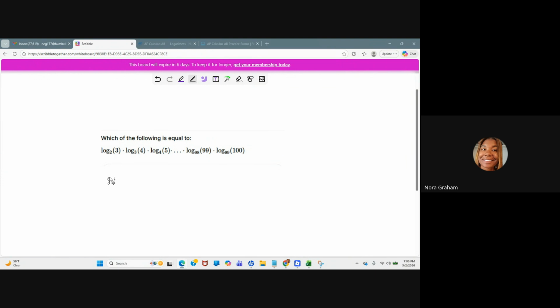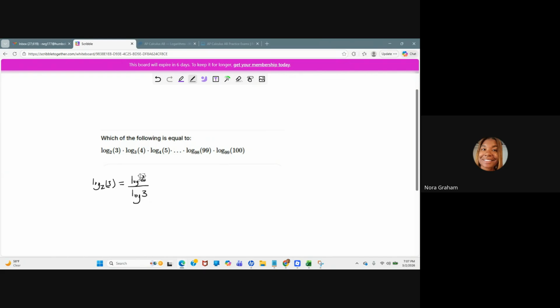What change of base does is I'm able to write this, log base 2 of 3, as log 3 over log 2. That's because of that change of base, which is in the beginning of my video where I show that.